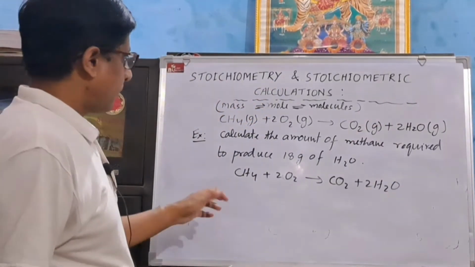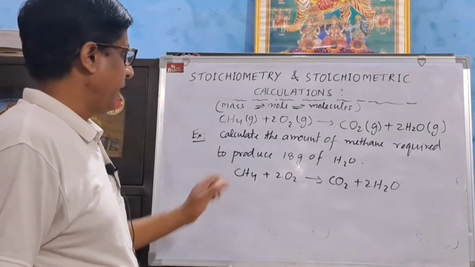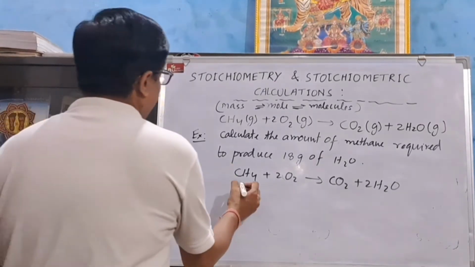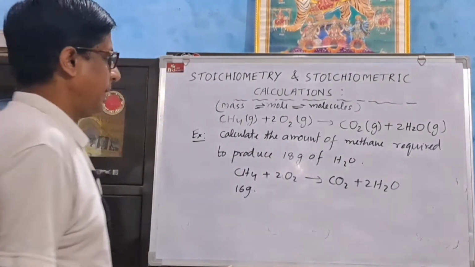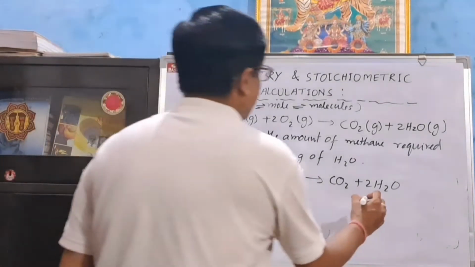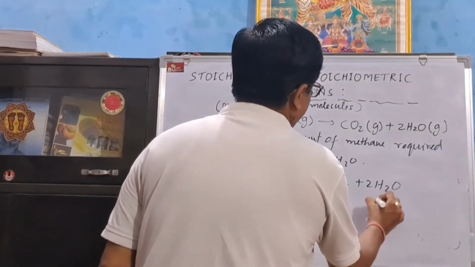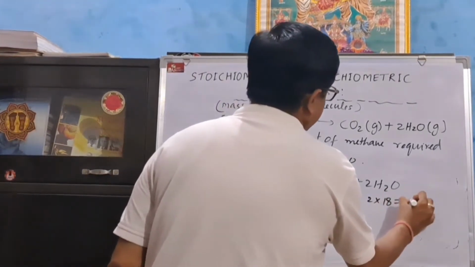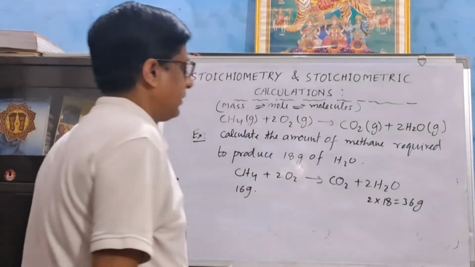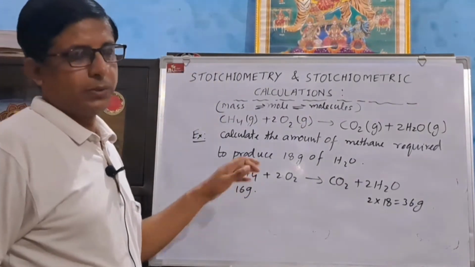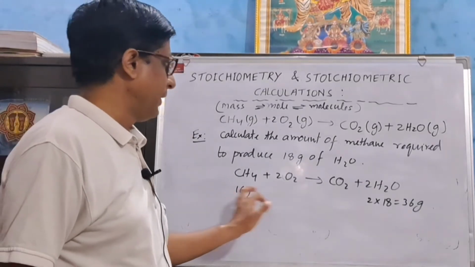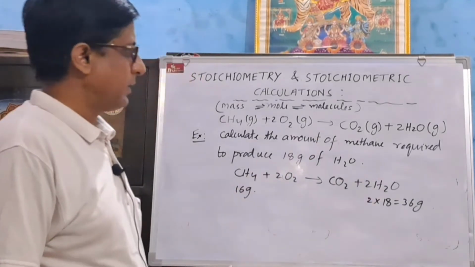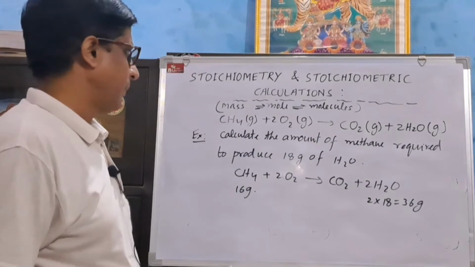Now, from the stoichiometry, we can see that 16 gram of methane produces 2 into 18, that is 36 gram of water. From the stoichiometry of the balanced chemical reaction, we can see that 16 gram of methane produces 36 gram of water.